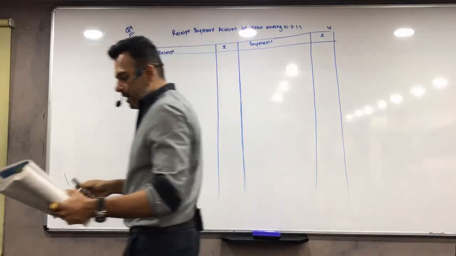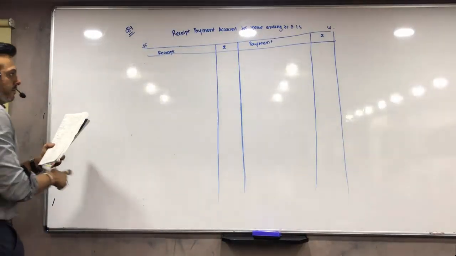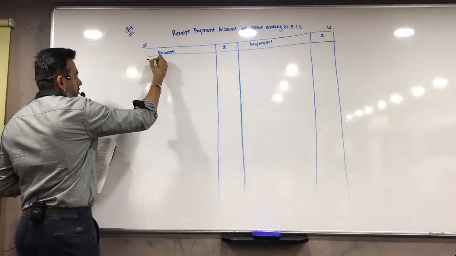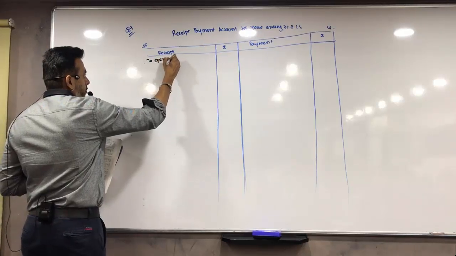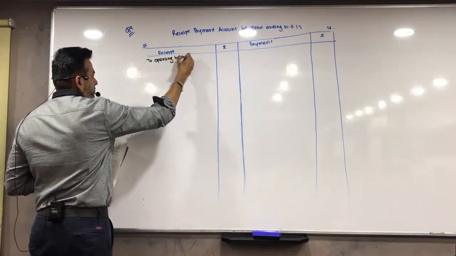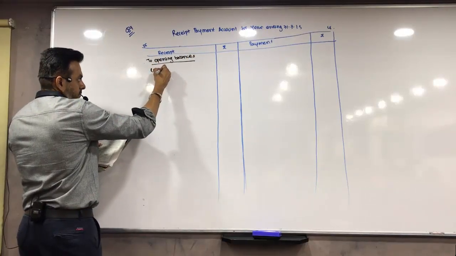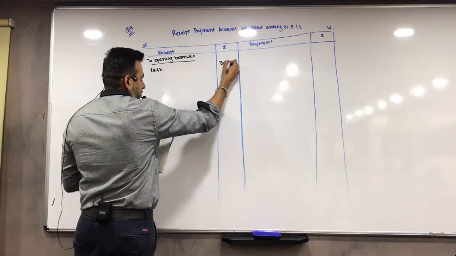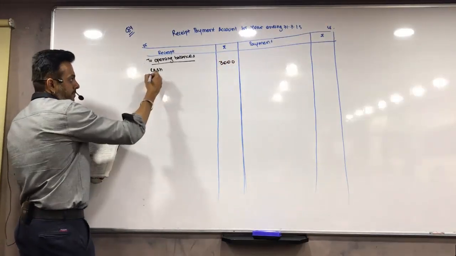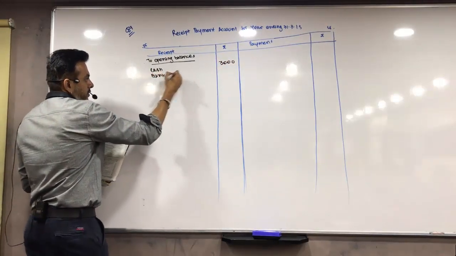So first of all, let's write the opening balances. So we write to opening balance. We write cash 3,000. We write bank 2,000.